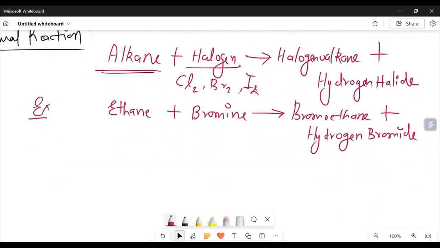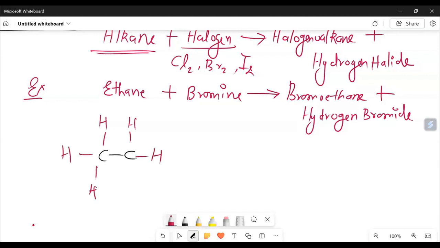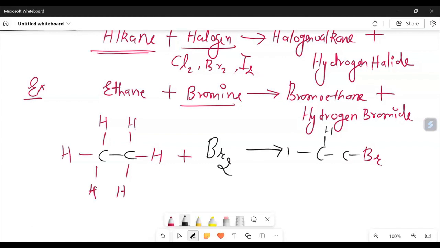Let's see how it is written in the form of a structure. Ethane can be written as C, with hydrogens 1, 2, 3, 4, and 5 and 6. Now we are reacting with bromine, so bromine can be written as plus Br2, and when the reaction proceeds, bromoethane is formed.